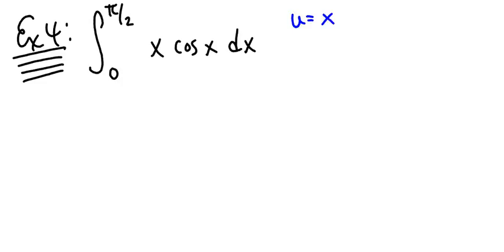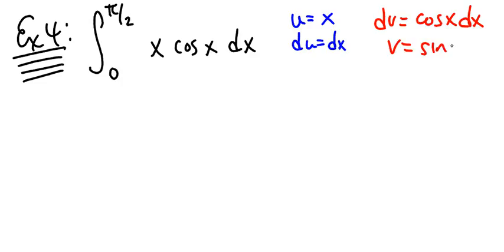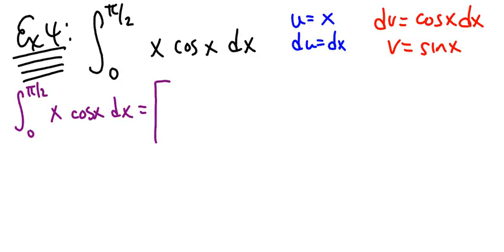So we'll let u be x. I don't want to be x. Well, that's too bad. And we'll let the dv be cosine x dx. Any antiderivative will do.